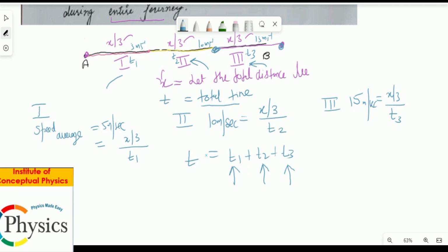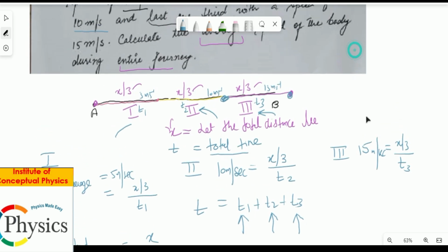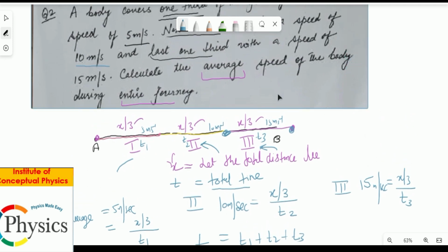Now, the average speed of the entire journey, which is the question, is given by x divided by total time. We have to find the average speed during the total journey.